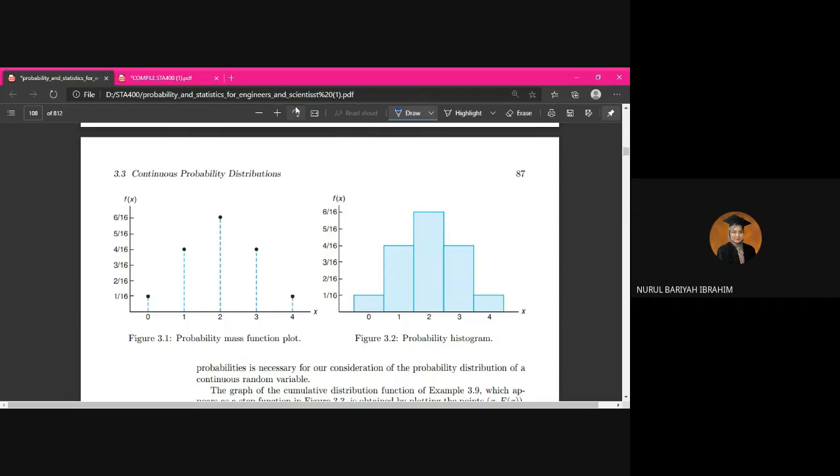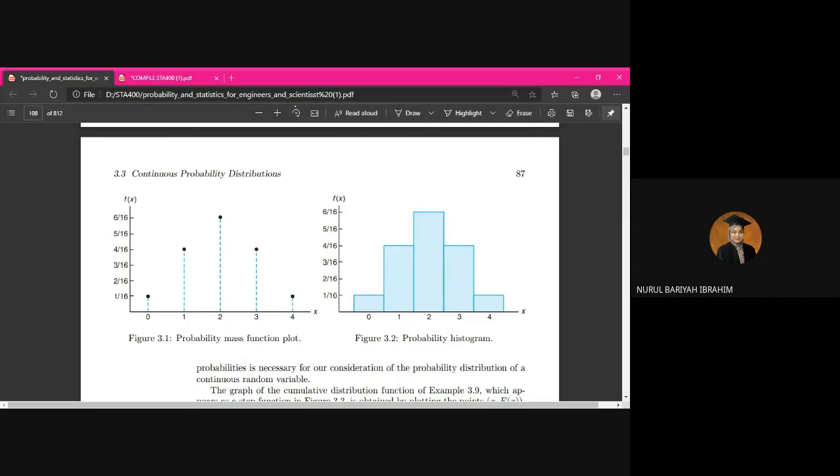Kalau you tengok kat sini, dia punya y-axis adalah probability dan x-axis adalah nilai possible value of x. So if we have, tadi kan daripada table kita ada value x dan value fx. So just plot sahaja. So draw the dash line ataupun the solid line pun tak ada masalah.